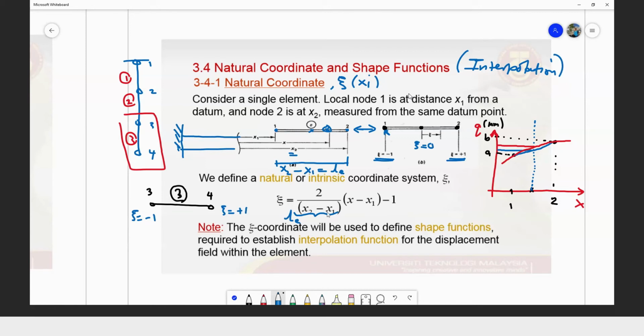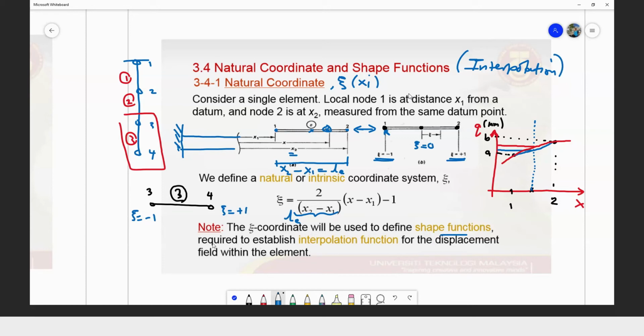Macam linear interpolation. So it's mentioned that the z coordinate will be used to define shape function. So kita ada natural coordinate system, kita ada shape functions. So shape function ni dia akan menentukan the linearity of kita punya interpolation tu nanti.